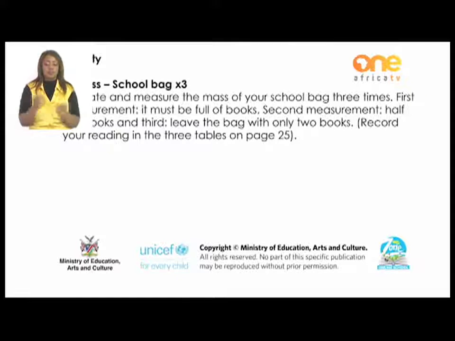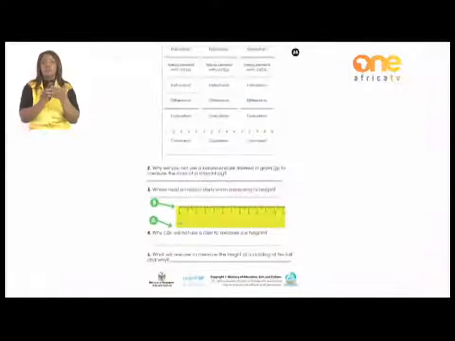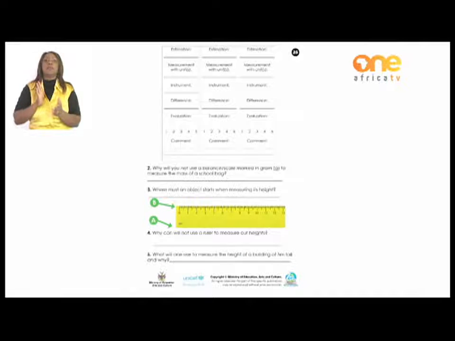The second measurement, you need to have the books. And the third, you must leave the bag with only 2 books. You must do this recording in the table on page 25. Moving to page 25.